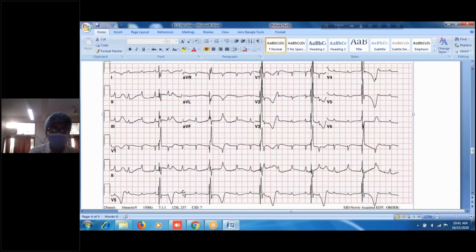Here, P, no QRS. Here P, no QRS. Again, this P QRS. So, no association. The complete dissociation between P and QRS. So, you get these types of ECG findings. This is the complete heart block.